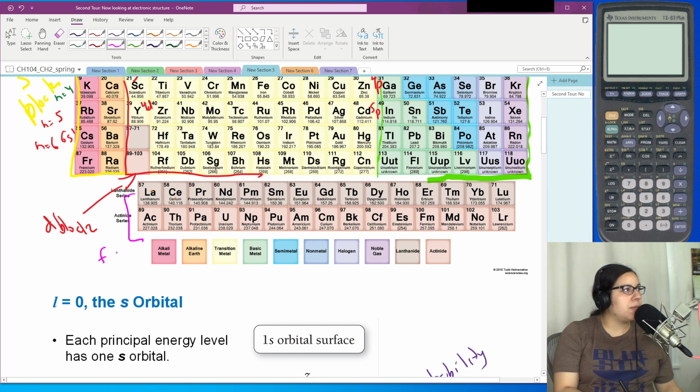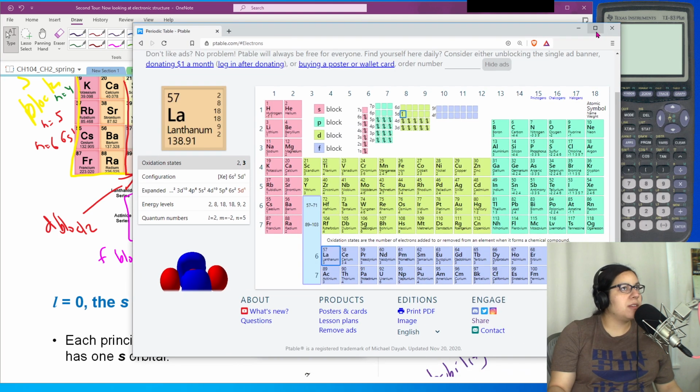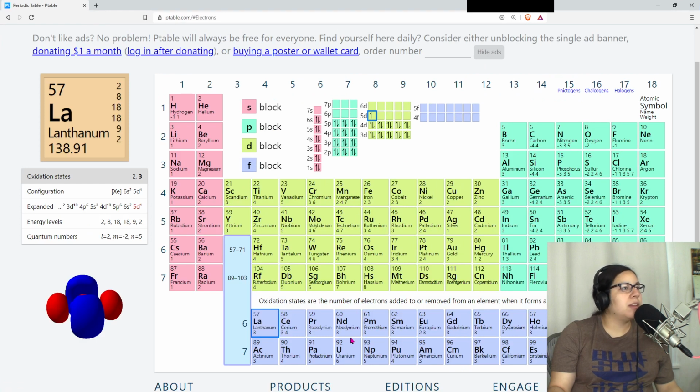So let's label this as our F block. And so we expected 14 across. And this is where you get some discrepancies and differences in electron configurations.